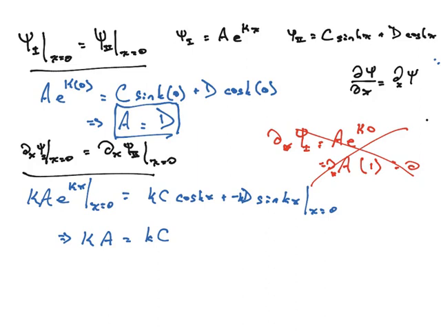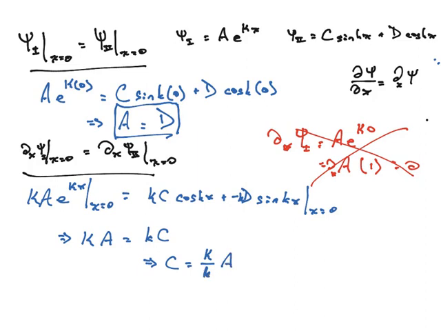All right, and now I'll do a little cleanup here. And we could solve it for c. I don't know why. We solve it either for a or we solve it for c. It doesn't matter. I'm going to solve it for c. So I find c is equal to kappa over k times a.